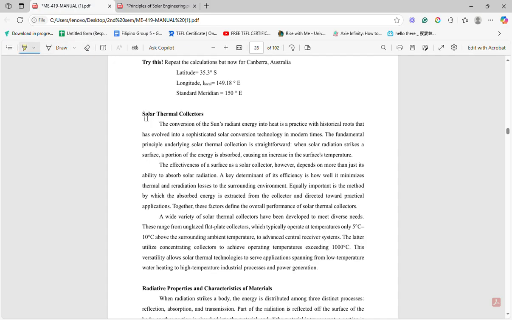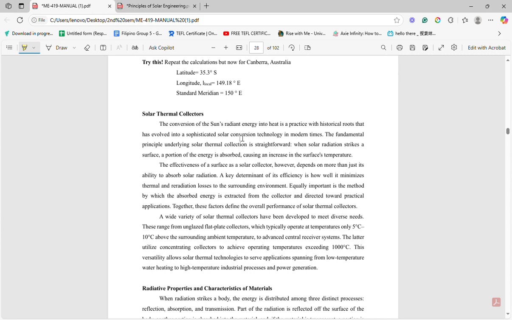However, from solar thermal collectors, we are harnessing energy from the heat, which is the reason why it's called thermal collectors. So we are harnessing solar energy from its heat.